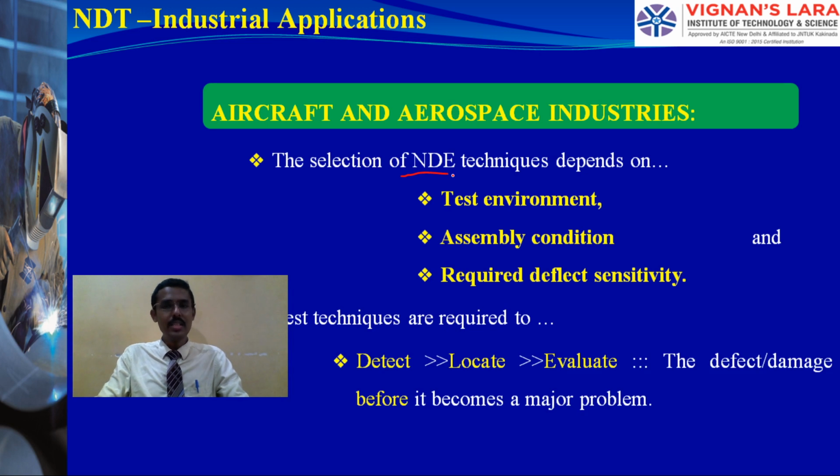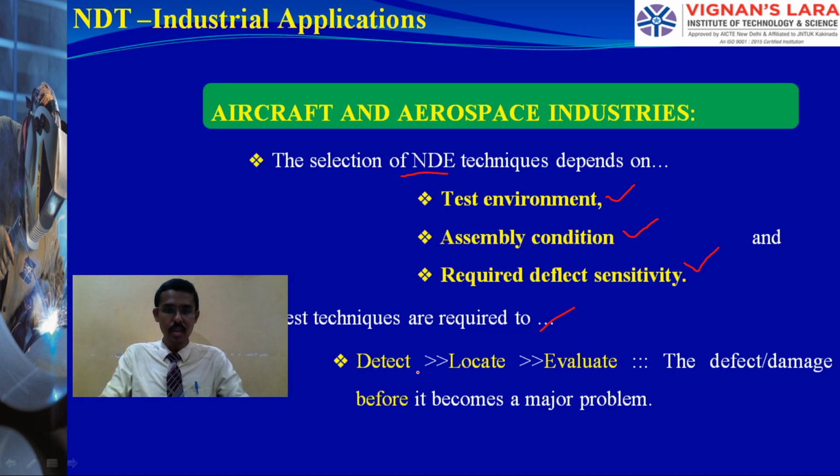The selection is based on the same factors: the test environment, the assembly conditions of process and procedures, and the required defect sensitivity, how far it will be sustained. So test techniques are required depending upon three important process conditions.